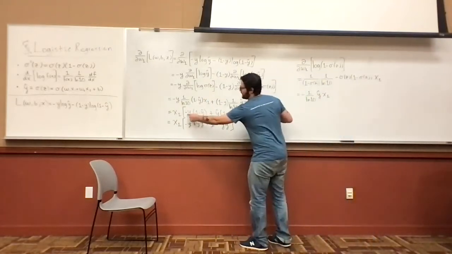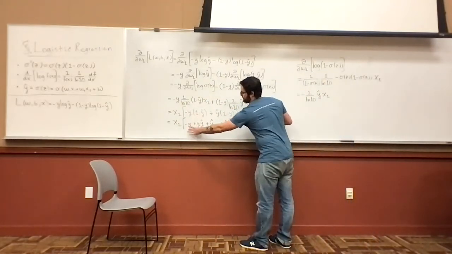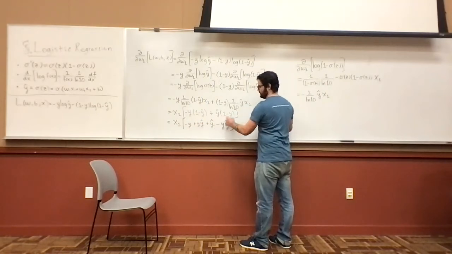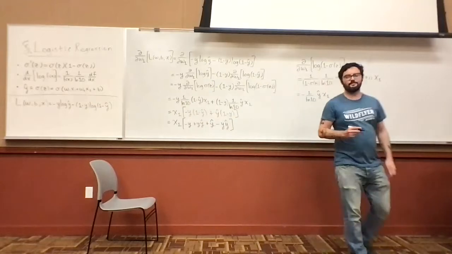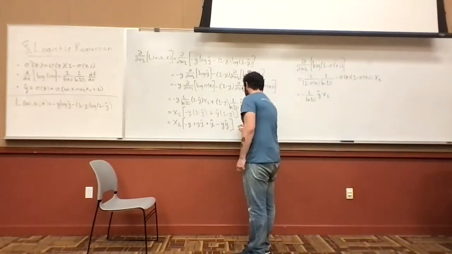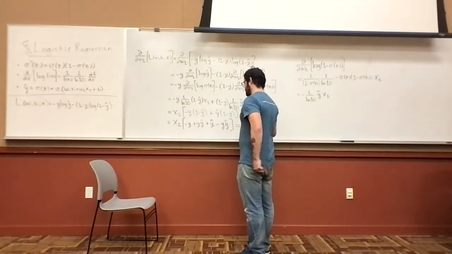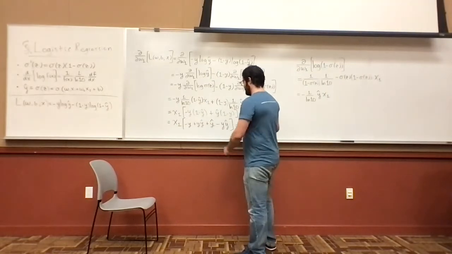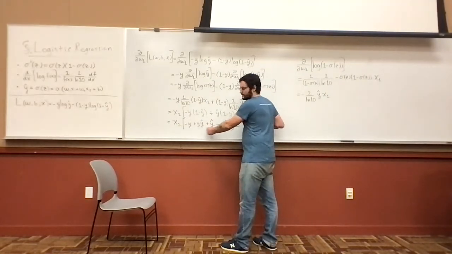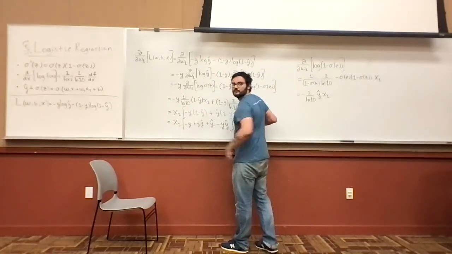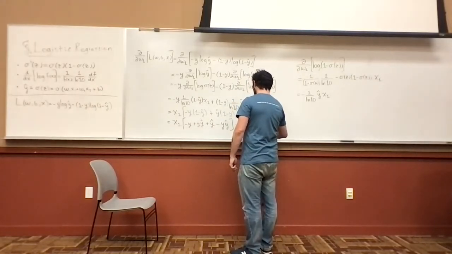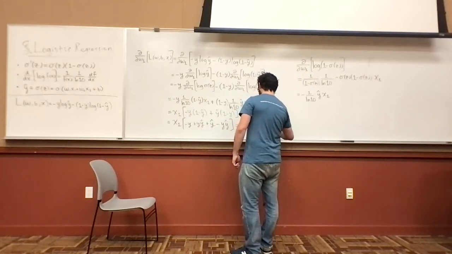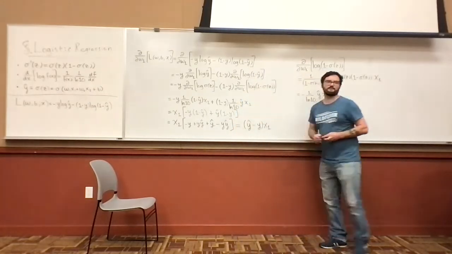Right? That times that, that times that. Oh, look. Those go to 0. So what do we get? We really get just positive y hat and a negative y, all times x1. There's your partial with respect to W1.